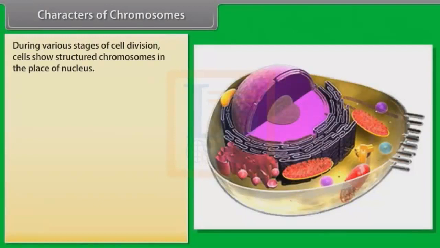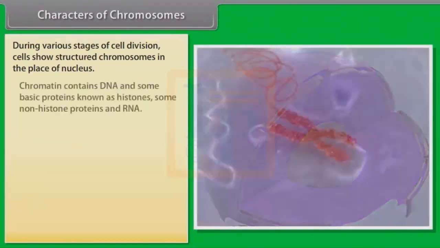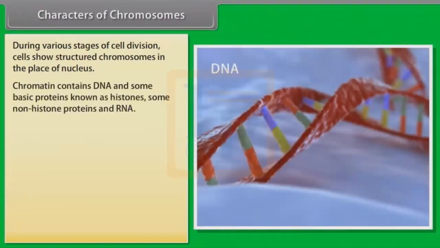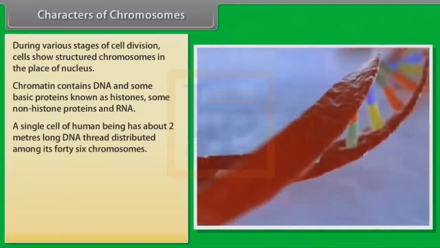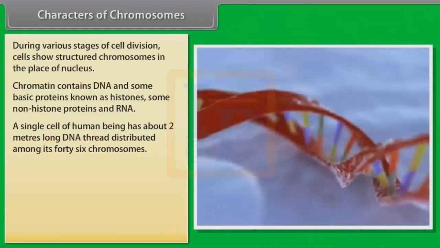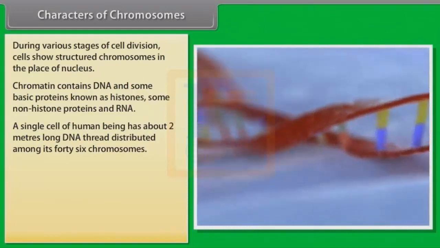Characters of chromosomes. During various stages of cell division, cells show structured chromosomes in the place of nucleus. Chromatin contains DNA and some basic proteins known as histones, some non-histone proteins, and RNA. A single cell of a human being has about 2-meter long DNA thread distributed among its 46 chromosomes.